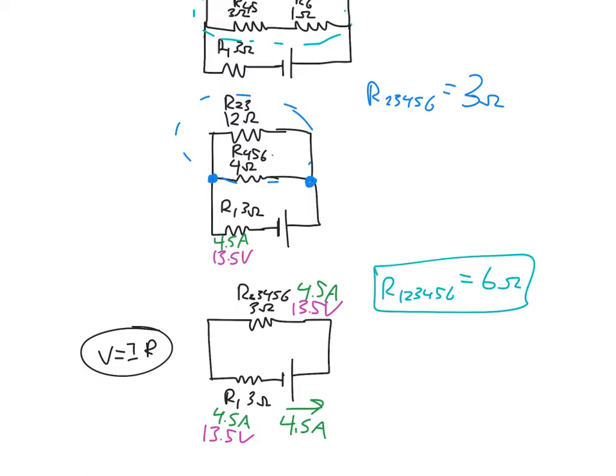So each one of these will get 13.5 volts across it. And then we can solve for the current running through each one. So the current for the 12 ohm one using Ohm's law is going to be 1.125 amps. And the current for the 4 ohm one using Ohm's law is 3.375 amps.